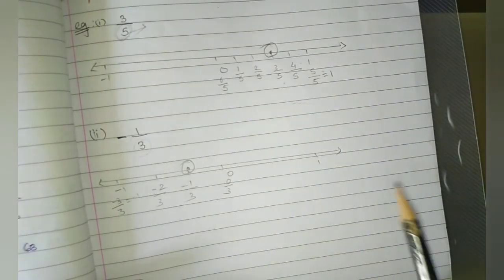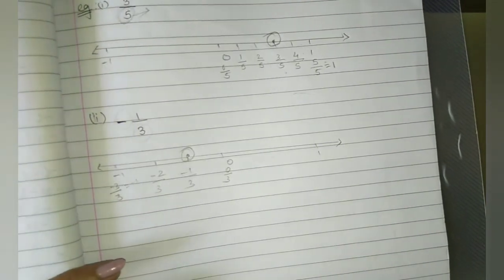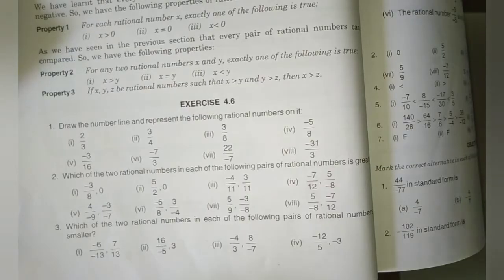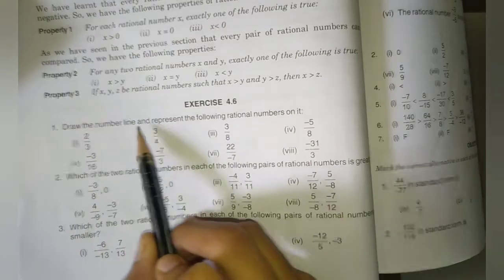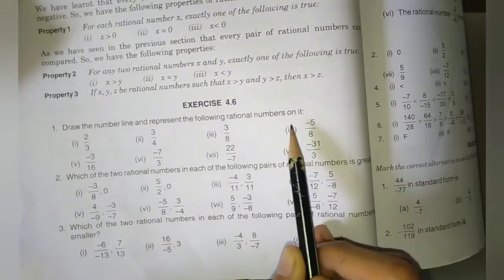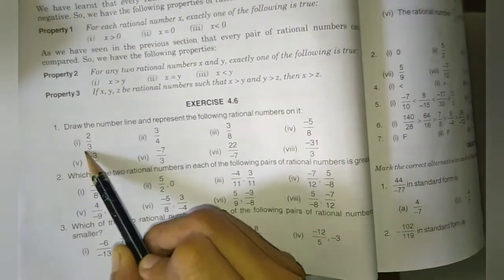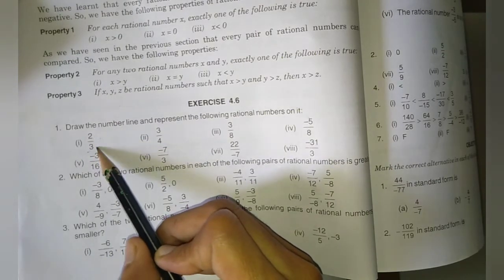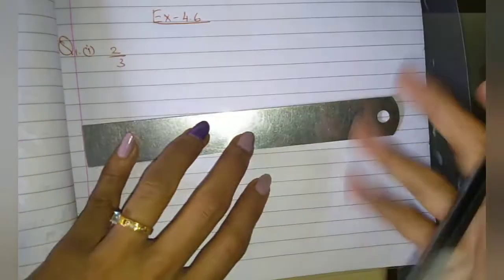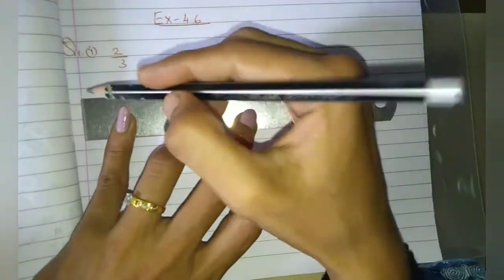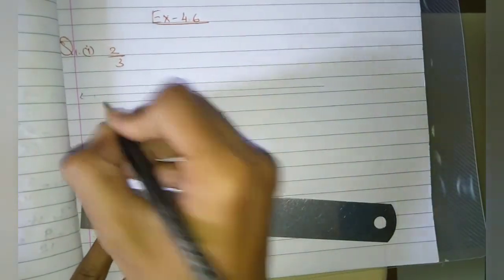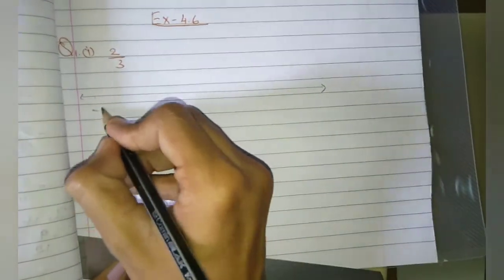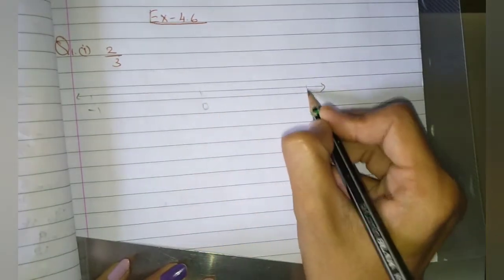Now let us see exercise 4.6: draw the number line and represent the following rational numbers on it. The first one given is 2 by 3. So draw the number line first: -1, 0 and 1.